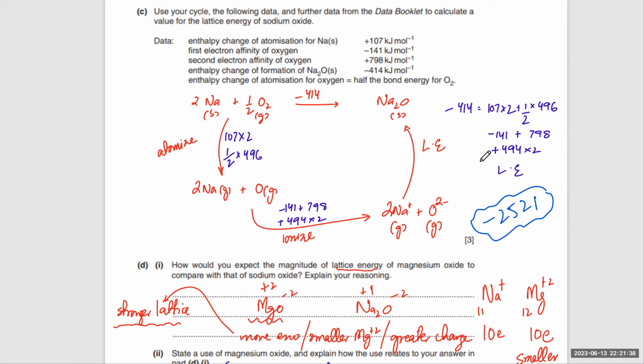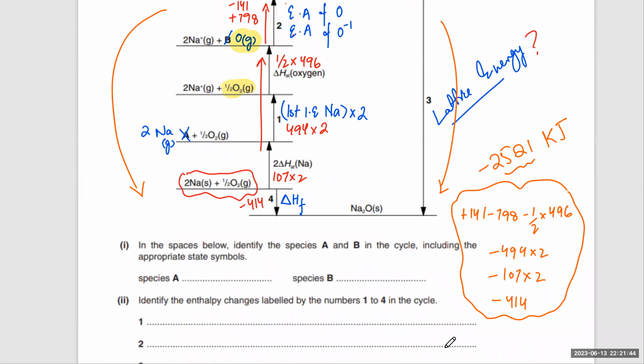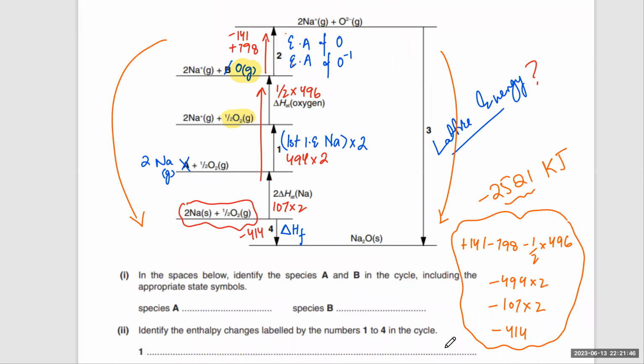I mean, this is kind of the same thing. The only thing is that when you're solving these questions, you have to be very careful with your calculator. Just make sure that you haven't made any mistakes. Minus 2521 looks all right, because lattice energy usually is exothermic, and it depends on the strength of the lattice, which I told you depends on the charge of the ions.